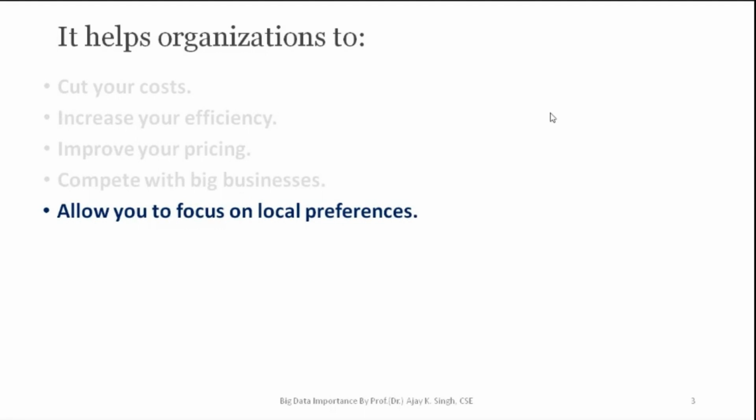If you're in Meerut, they are going to target Meerut, but still in Meerut, what is the choice of each and every customer? This customer is interested in clothes, the liking of that customer is electronic gadgets, and so on.